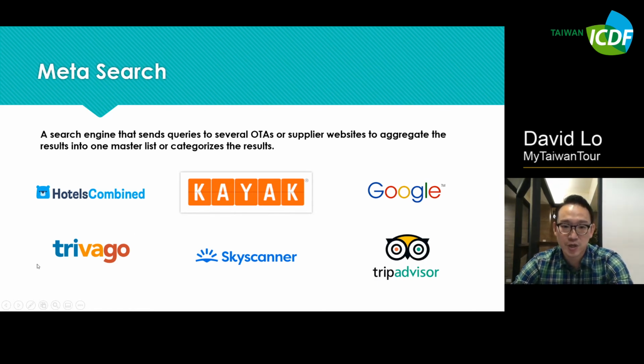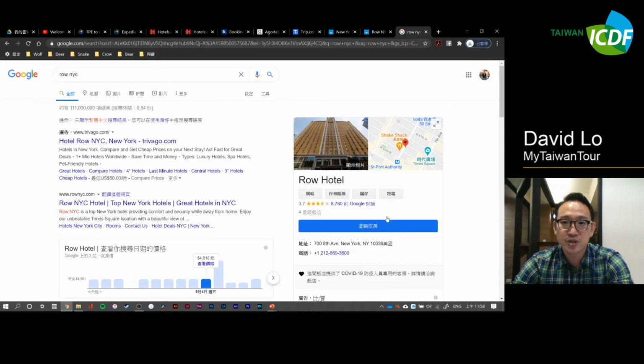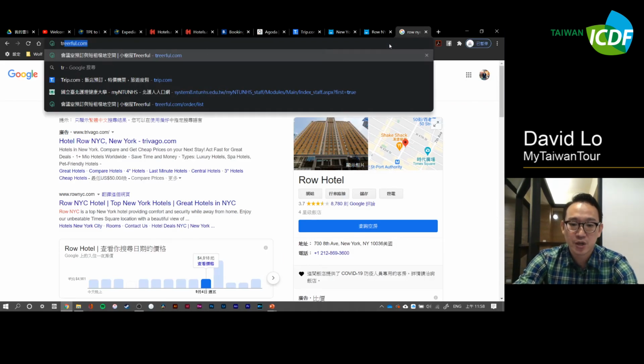Trivago belongs to Expedia. Skyscanner actually belongs to the Chinese company Ctrip, and TripAdvisor and Google are independent ones. So these are the differences. But TripAdvisor, rather than just a meta search, also serves another purpose with reviews.